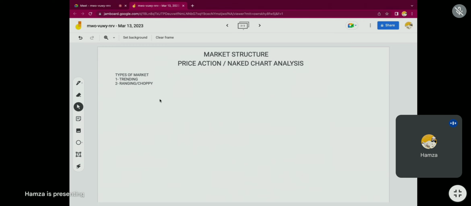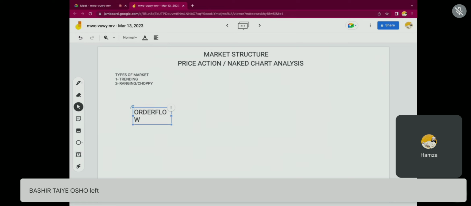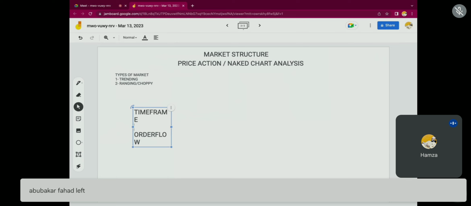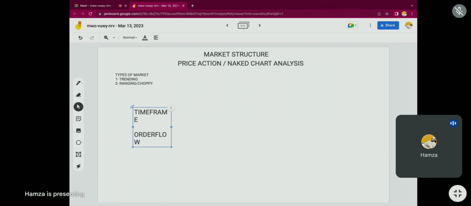What is the high time frame? Now, this is where order flow comes in. I'm helping you understand how to build up a narrative, so to speak. We have higher time frame and lower time frame.